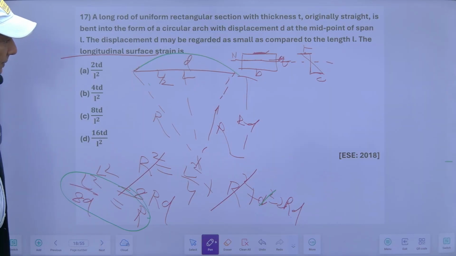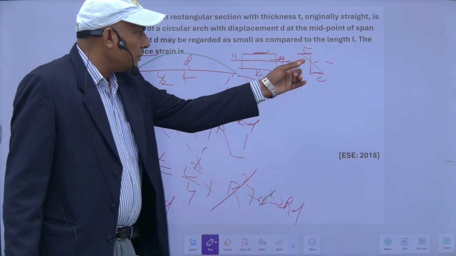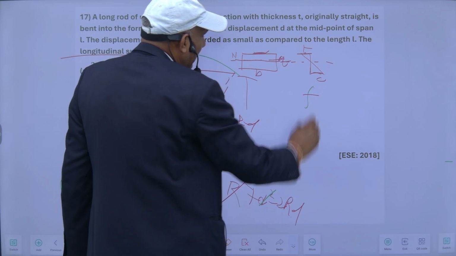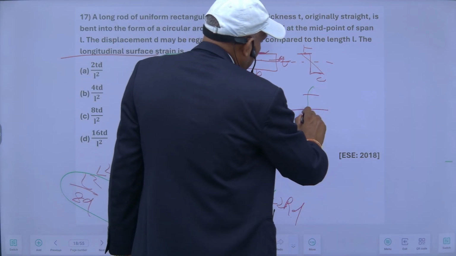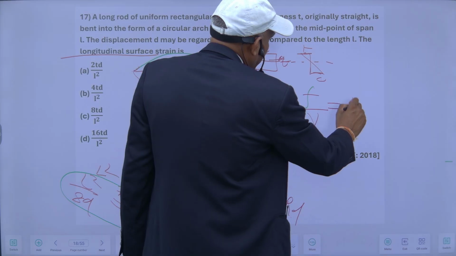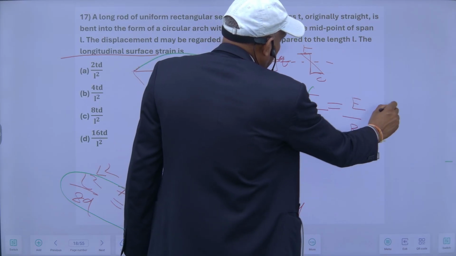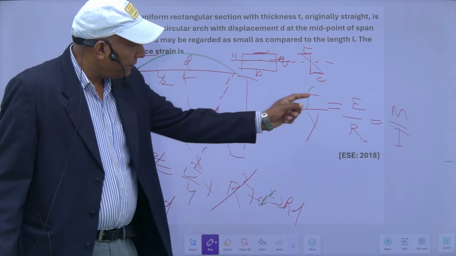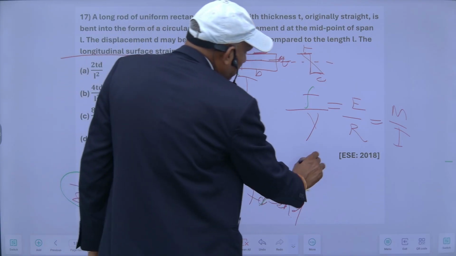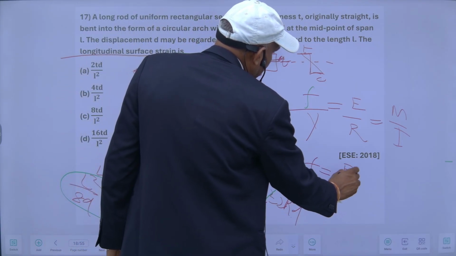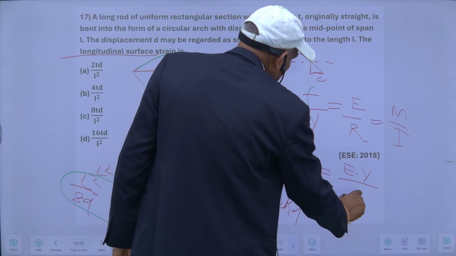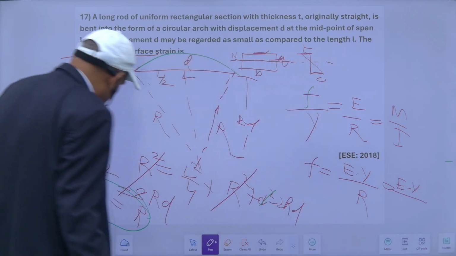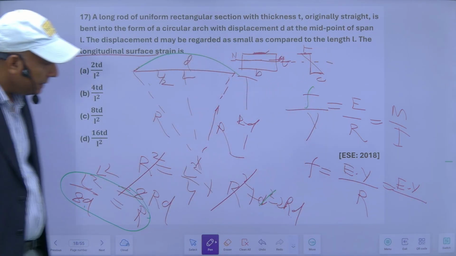R is equal to L square upon 8D, and we know that the stress F upon Y is equal to E upon R is equal to M upon I. These are the bending equations. I have to know this stress F. F will be equal to E into Y upon R, and the value of R is L square upon 8D.